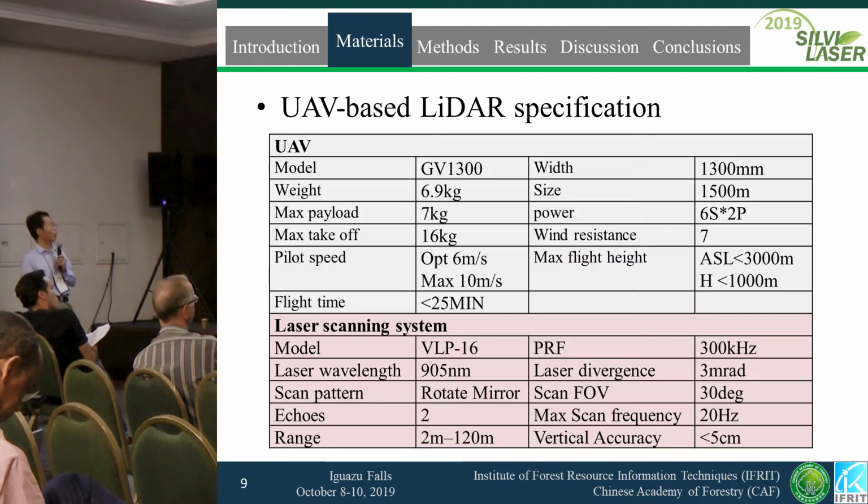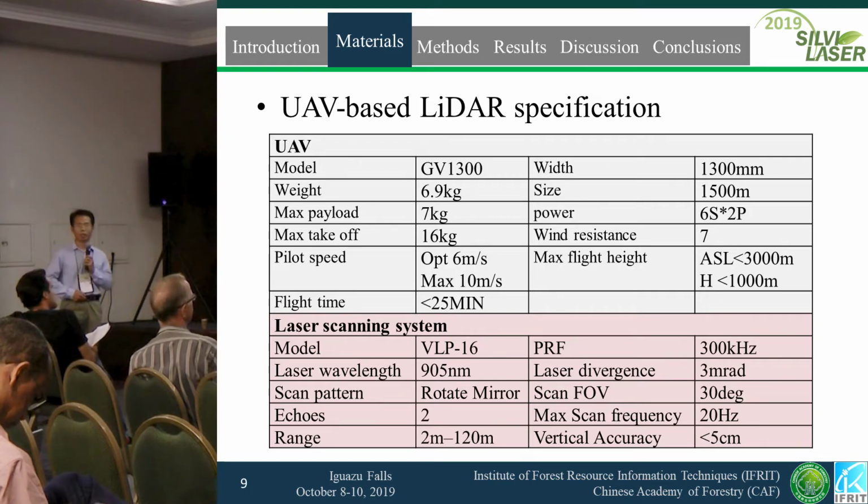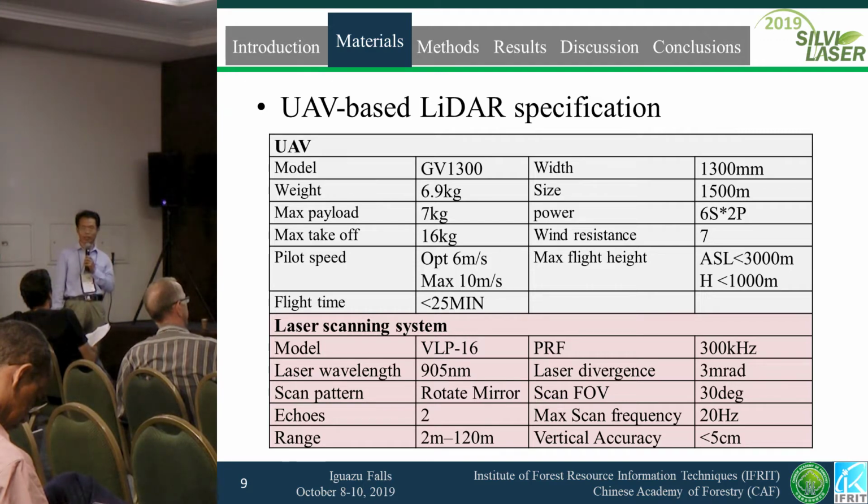The LiDAR system has these specifications. The maximum measurement range is about 120 meters, but that is for highly reflective objects. For forest, it will be less than 80 meters.